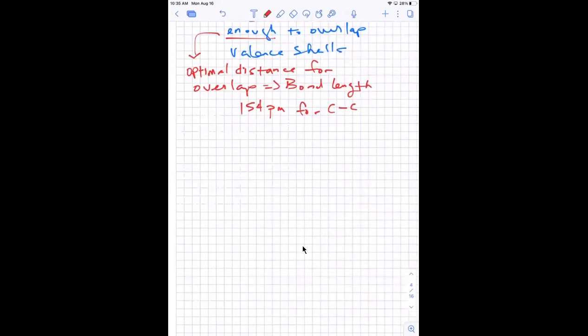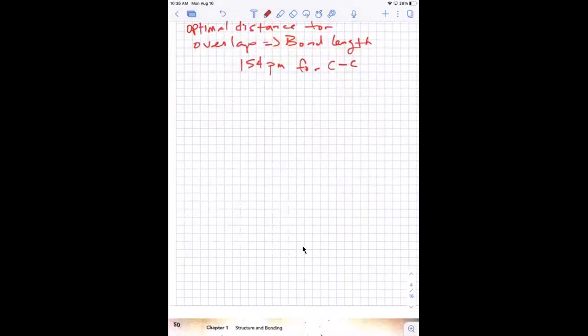Let me show you that down here. Do y'all remember the shapes? The s orbital is a sphere like that. And then the p is a dumbbell with a shaded side and an unshaded side. And then the d has multiple shapes.